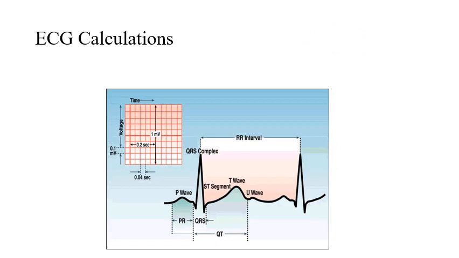And again, this is the calibration of the ECG that is standardized. As you can see here, the small squares are 0.04 second, and the larger or big squares are 0.2 seconds.